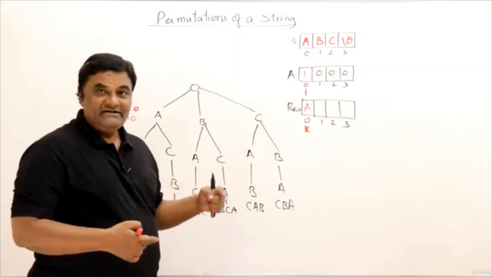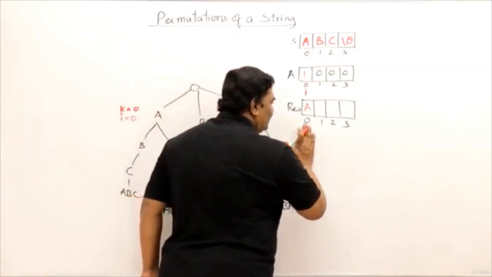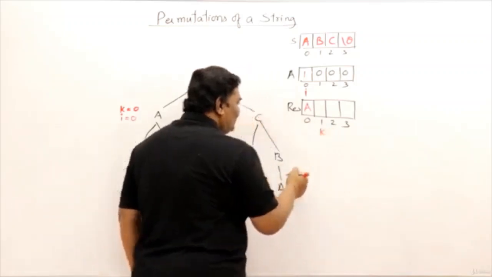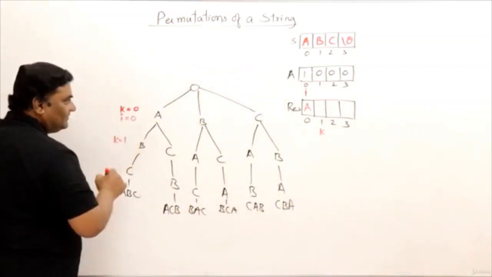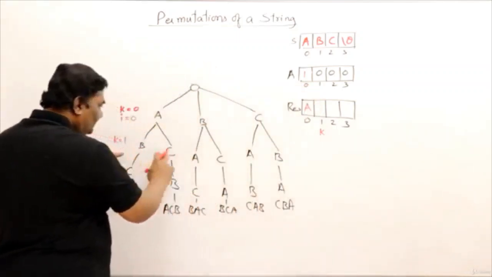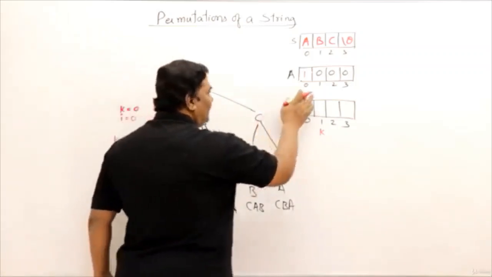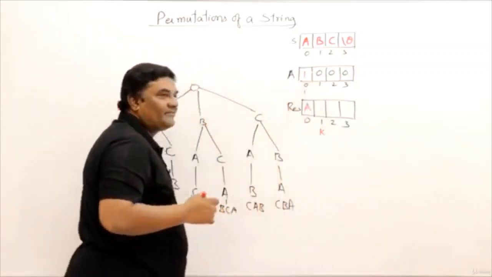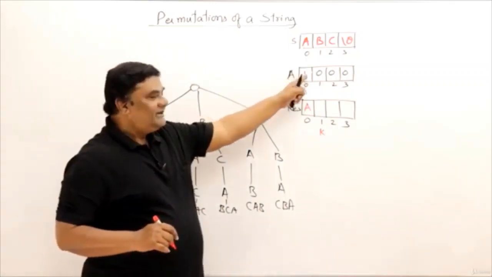When it is calling again, it will call for the next level, so K should be on the next location. At this level, K is at 1. Now at this level also, I should scan through the entire string, so again start I from 0 only.